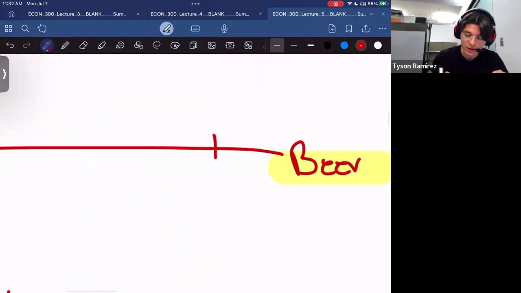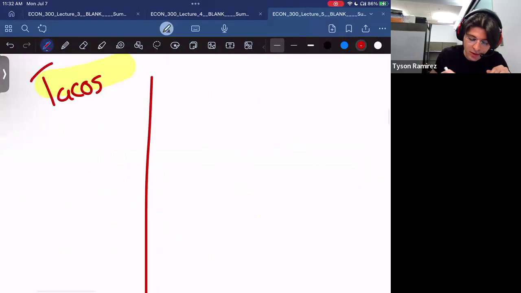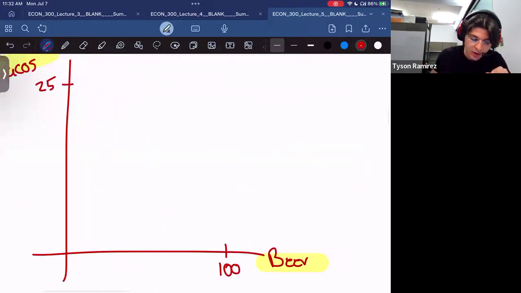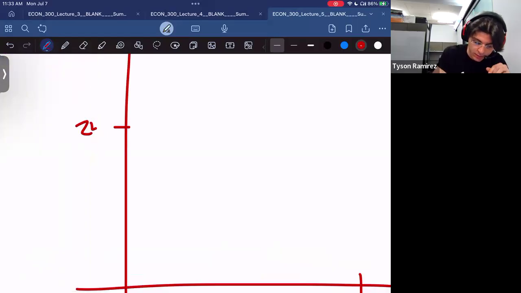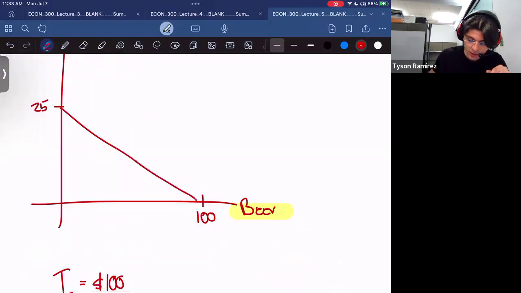So what does this look like? Well, now we know how to find the intercepts. It just means you spend all your money there, and you spend all your money there. It doesn't have to be perfect, but I do want to illustrate something. This is the budget line.